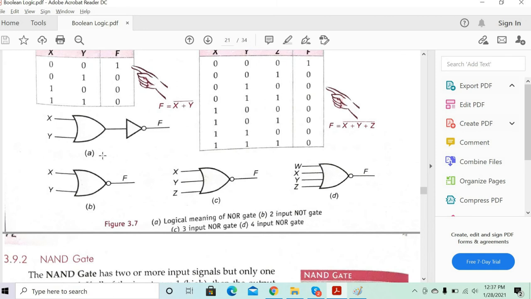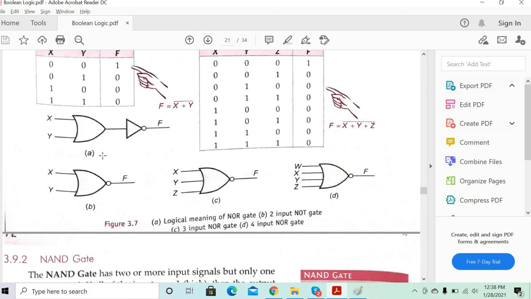So which says this: you have x, y passing as an input to the OR gate, right? And the output of the OR gate is passed to something called the triangle and the circle there. That is called the NOT gate, or that is called the complement. So the NOR gate is a combination of NOT gate and OR gate.